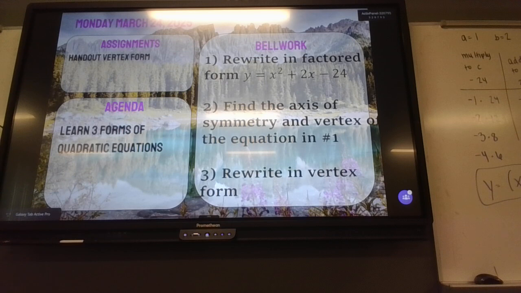So it's x minus -1 squared minus 25. So it's x plus 1 squared minus 25. That's number 3 for your bell work. The vertex goes in the h spot and the k spot.